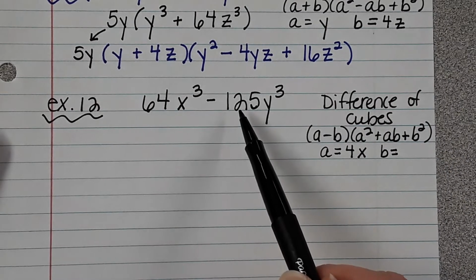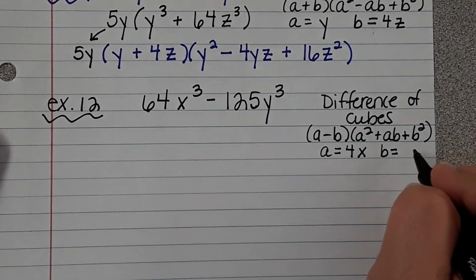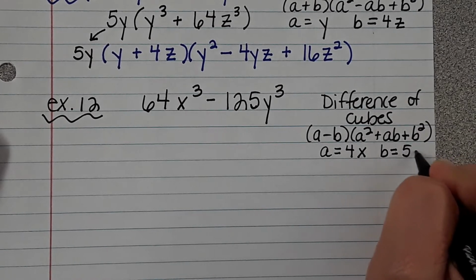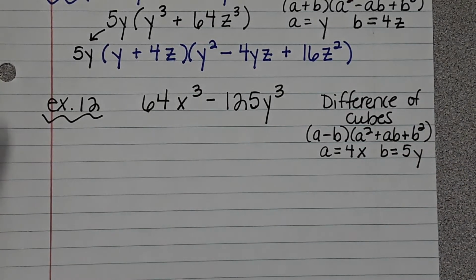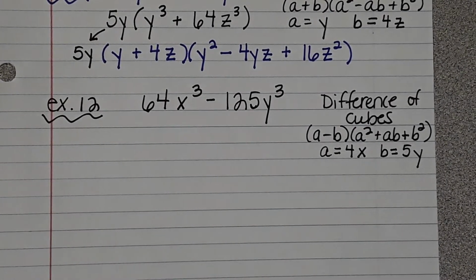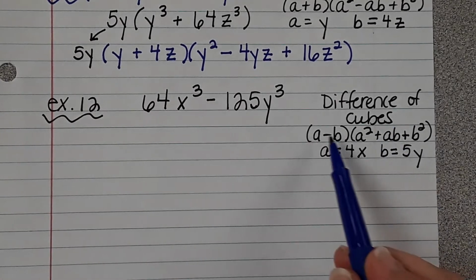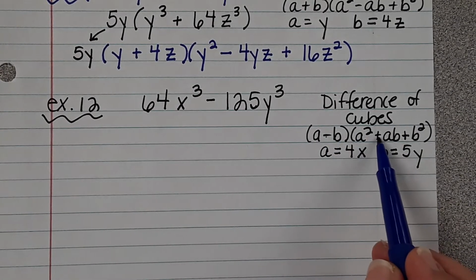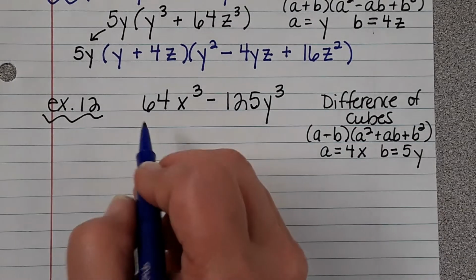What is the cube root of 125? 5. And why should it be plus? It will always be positive because it's always positive in cubes. The last term is always positive. Just switch the first thing, it's just the first two. If this is subtraction, this is plus. If this is plus, this is subtraction.